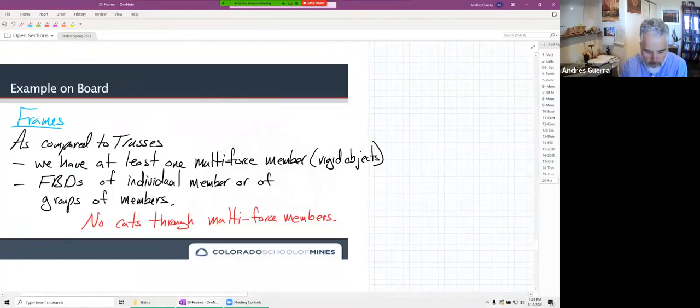And our best practice for picking FBDs is what I refer to as complete enumeration of all options.